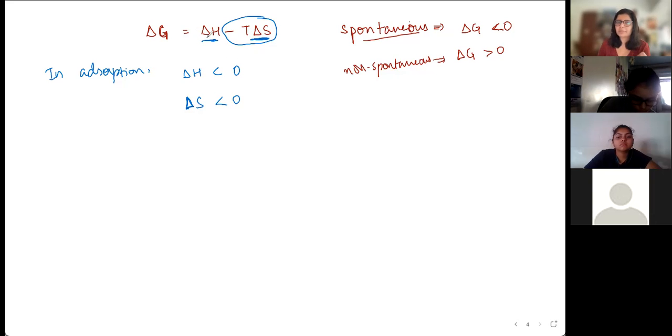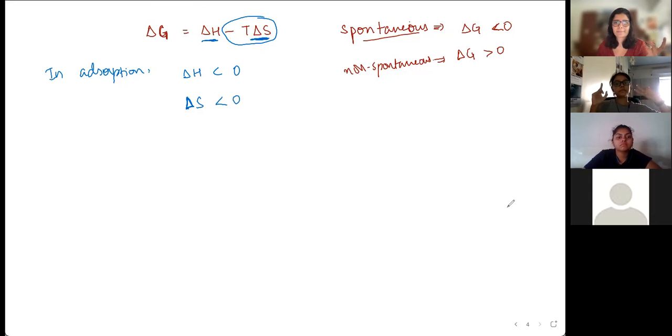Depending on this, only then is it going to occur. That's why it will depend on the temperature also. Sometimes adsorption will happen at a certain temperature, but that's the whole point of desorption. If I increase the temperature to higher values, it's going to release all of the adsorbed substances, because at specific temperatures the delta G becomes positive.